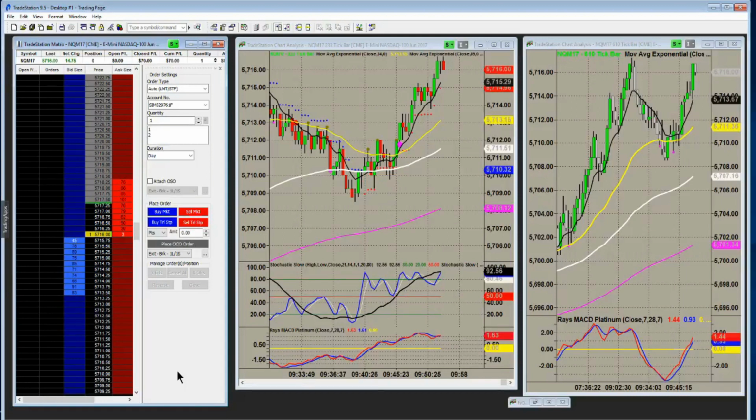If there's a large number of contracts hitting a stop loss, you're going to probably have a stop loss and a slippage of easily 1, 2, 3 ticks at least, and at times much larger than that.